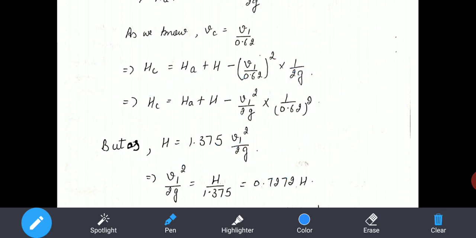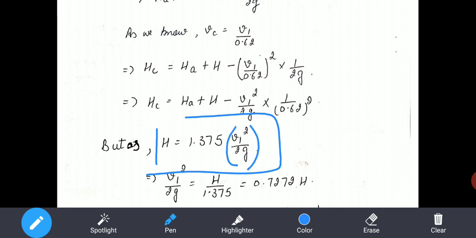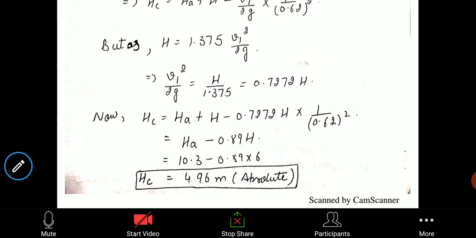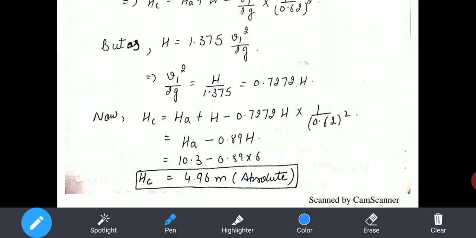From there we take this equation. Now H we obtained from here. Determine the value of V1 square upon 2g, and then fill this value in this equation. After putting all these values in Bernoulli's equation, we finally get the head, which is 4.96 meter absolute.